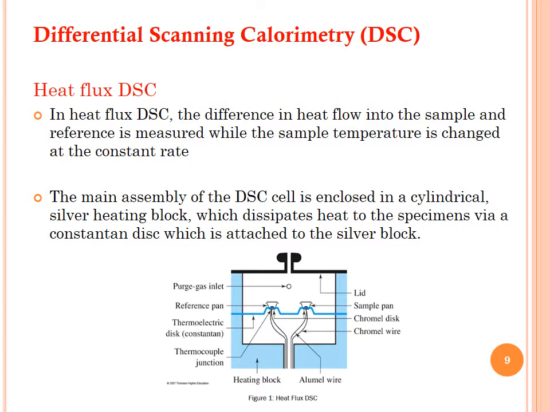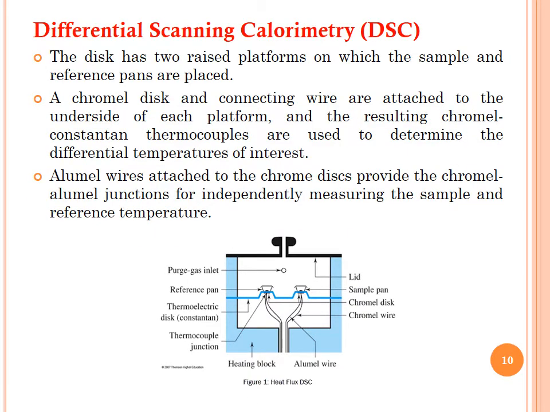The main assembly of the DSC cell is enclosed in a cylindrical silver heating block, which dissipates heat to the specimen via a Constantan disc attached to the silver block. The disc has two raised platforms on which the sample and reference pans are placed. This is evident from this block diagram.